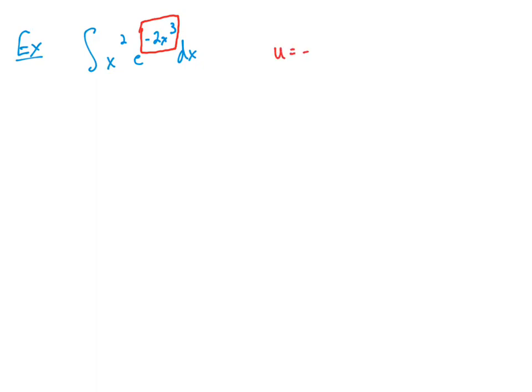We'll let u equal negative 2x cubed, and then du will just be negative 6x squared dx. Okay, so we have an x squared right here, and we have a dx. So I can isolate the x squared and dx by dividing both sides by negative 6, and that's what we'll use as our substitution.